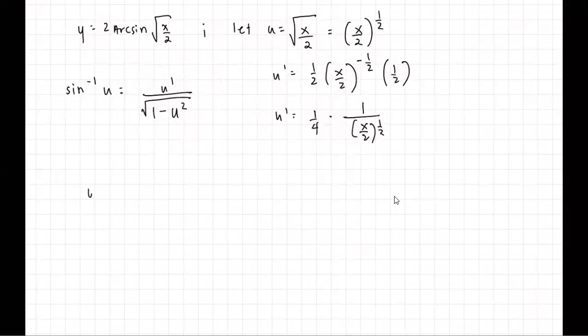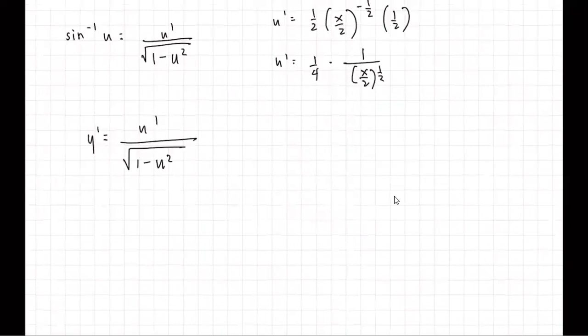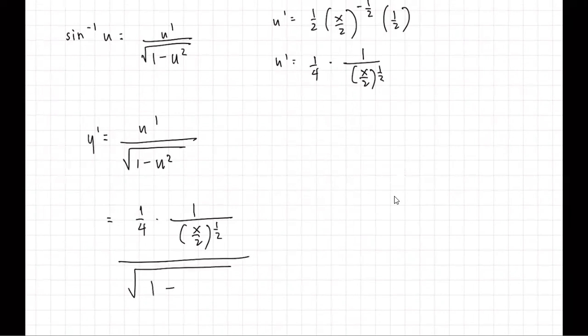So, y prime equals to u prime over square root of 1 minus u squared. So, substitute na lang tayo. So, 1/4 times 1 over x over 2, 1 half, all over square root of 1 minus square root of x over 2 squared.